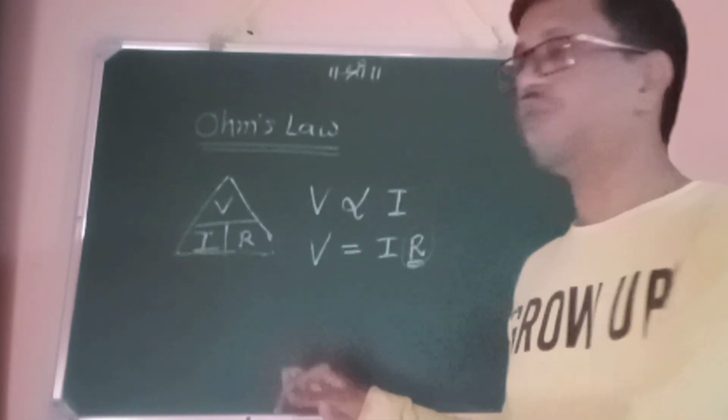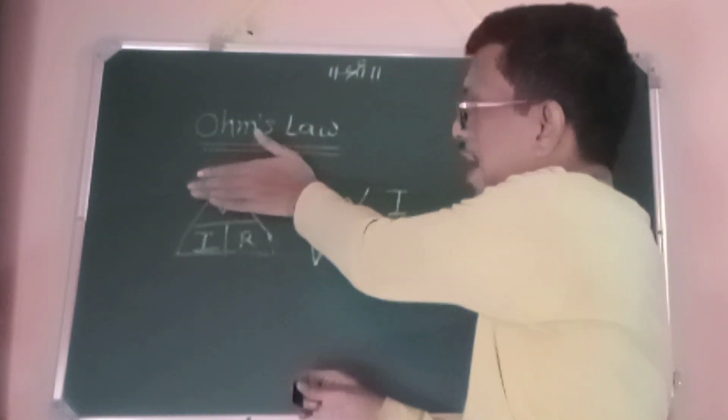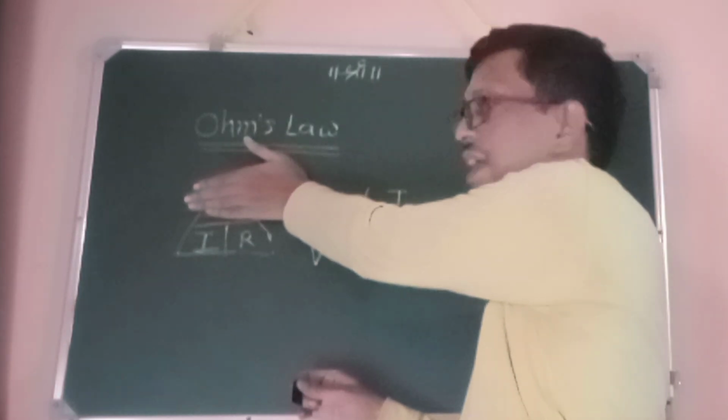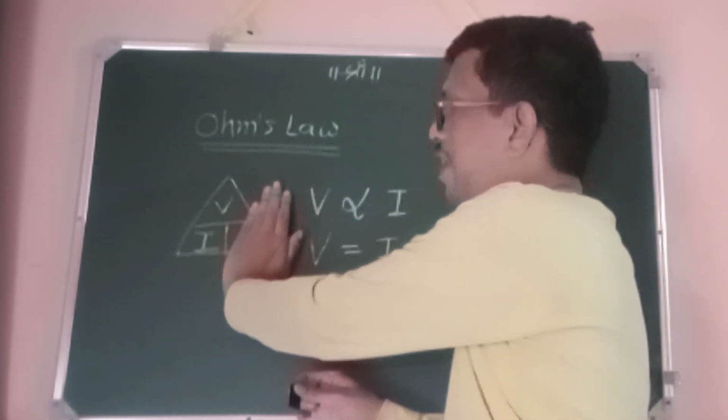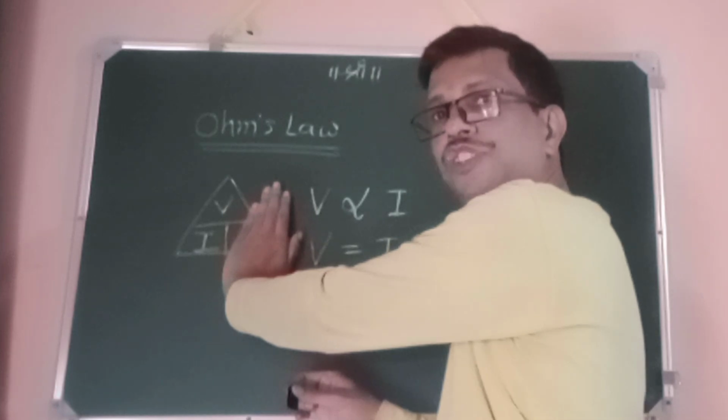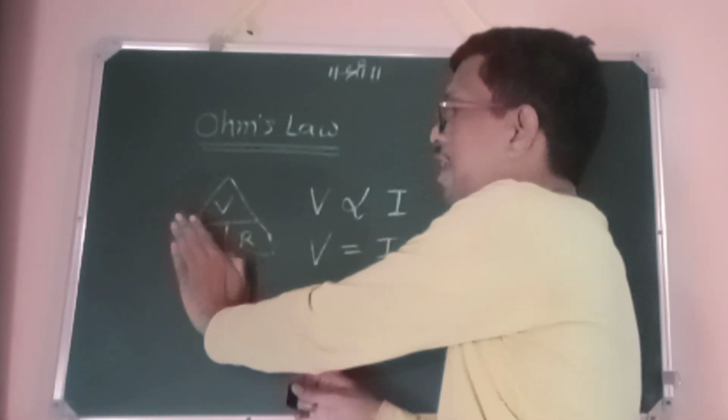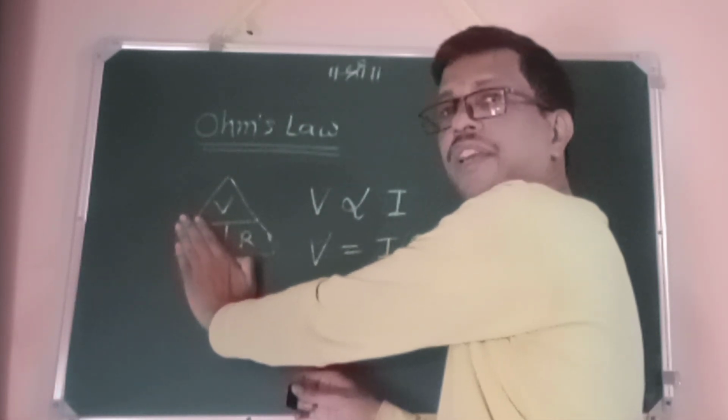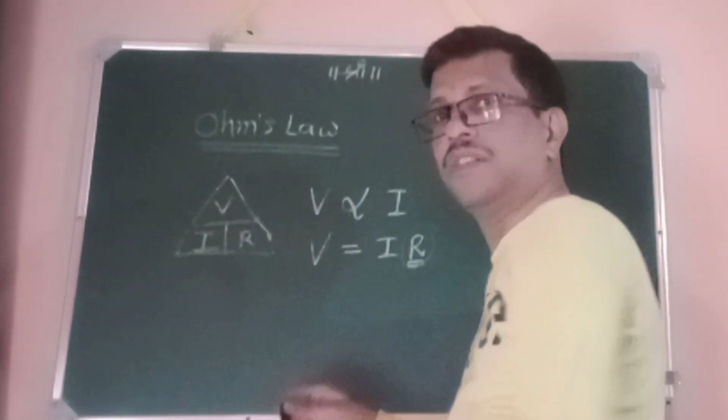To find voltage, take the multiplication of I and R. To find resistance, take the division of V and I. To find current, take the ratio of V and R.